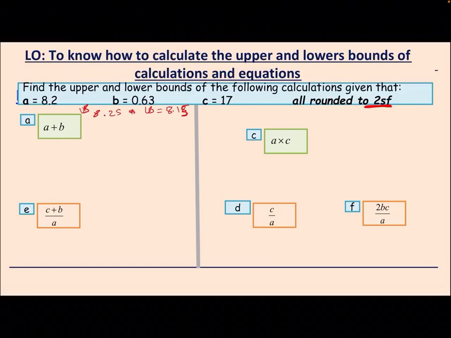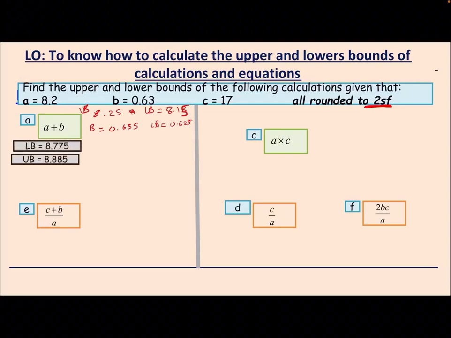And then for B, the upper bound is going to be 0.635, and the lower bound is going to be 0.625. So to find our upper bound of A plus B, it is going to be upper bound A plus upper bound B. And here we have our answers.